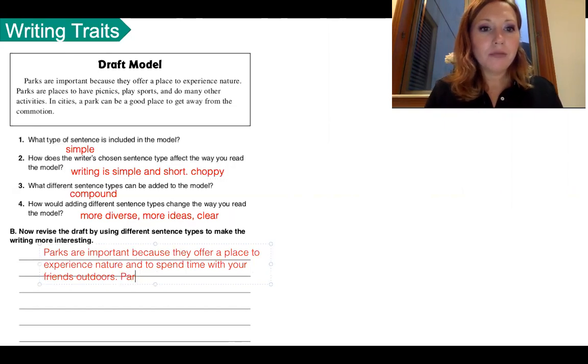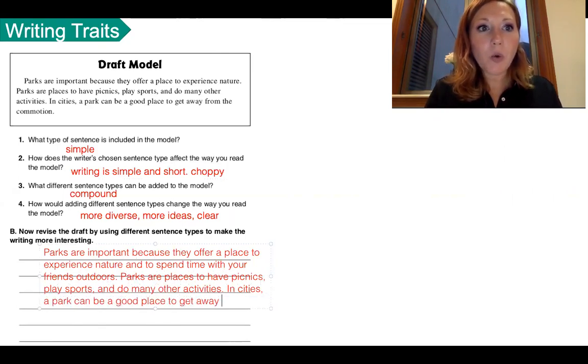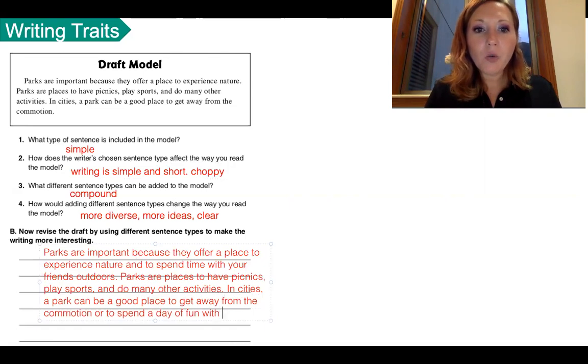Parks are places to have picnics, play sports, and do many other activities. In cities, a park can be a good place to get away from the commotion or to spend a day of fun with your family.